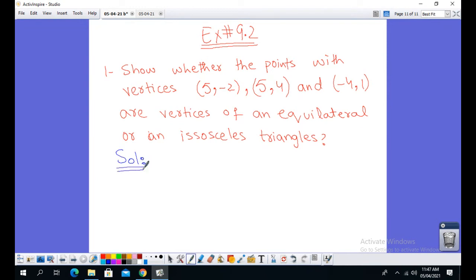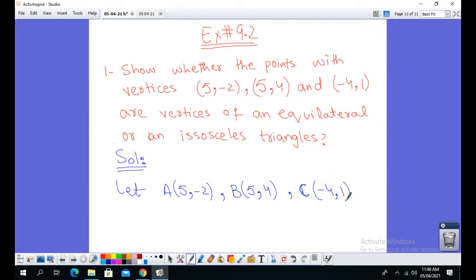First of all, we let the first point be 5, minus 2, the second point 5 and 4, the third point minus 4 and 1.